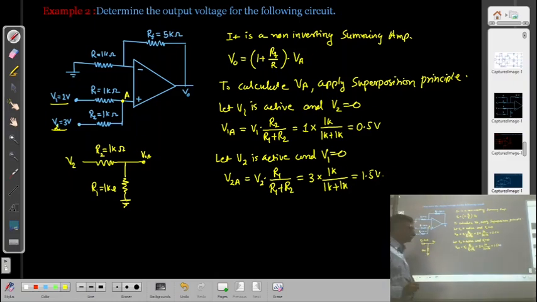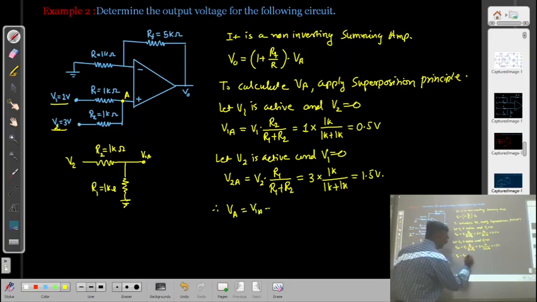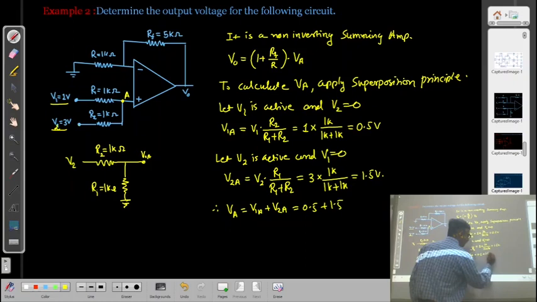Correct? And therefore, according to the superposition principle, potential at point A is equal to V1A plus V2A, that is 0.5 plus 1.5 equal to 2 volt.